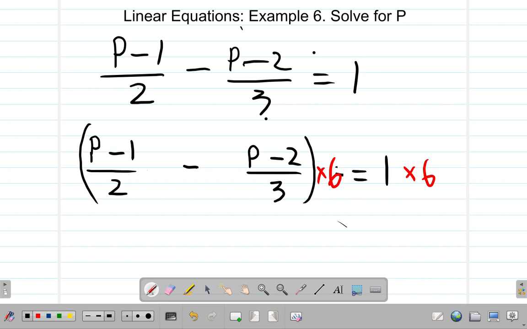You notice? We just put a bracket around and say multiply by 6. And remember, the reason I'm multiplying by 6 is to get rid of the 2 and the 3 under here. Alright? There are other ways you could do it. If you want me to do it using another method, just put it in the comment.